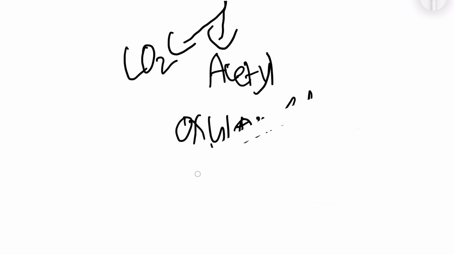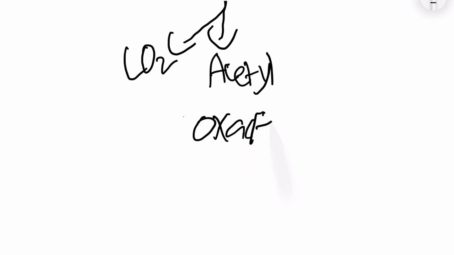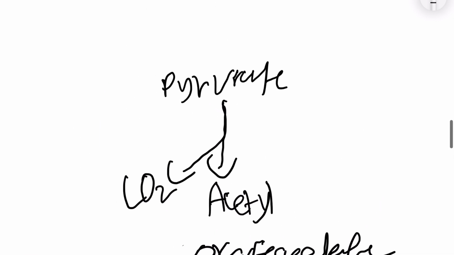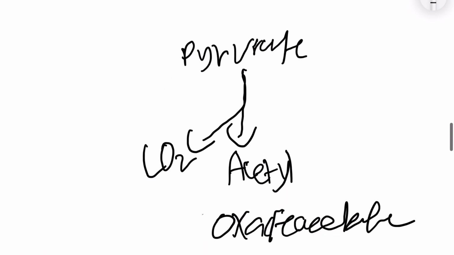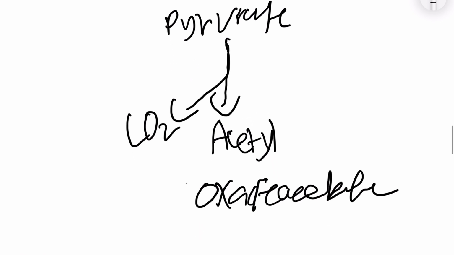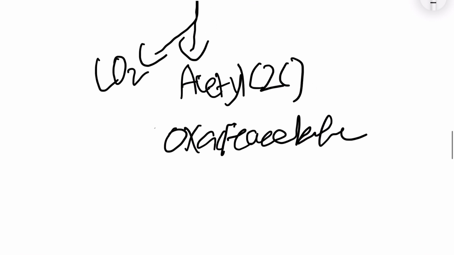So oxaloacetate and the acetyl group meet, and since pyruvate is a three-carbon molecule and it loses a carbon, this is a two-carbon molecule.